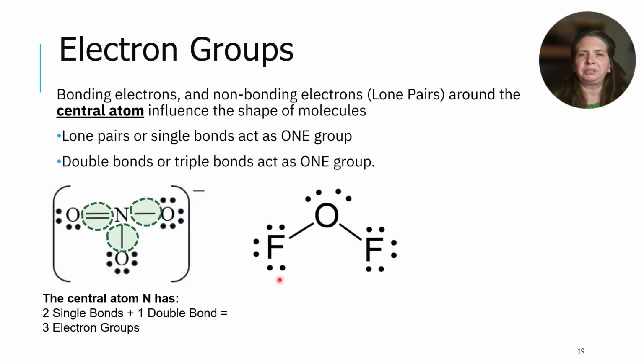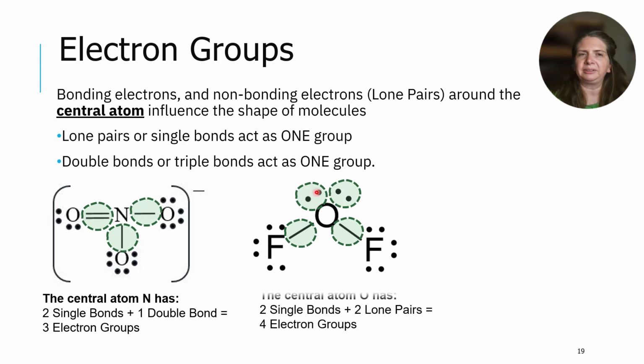Here is the Lewis structure for oxygen difluoride, OF2. Around the central oxygen atom, there are 2 single bonds and 2 lone pairs, giving a total of 4 electron groups. Notice that we only count the electron groups around the central atom.